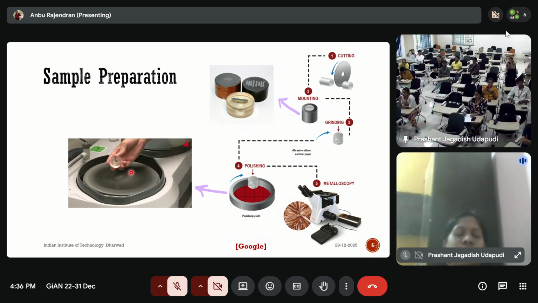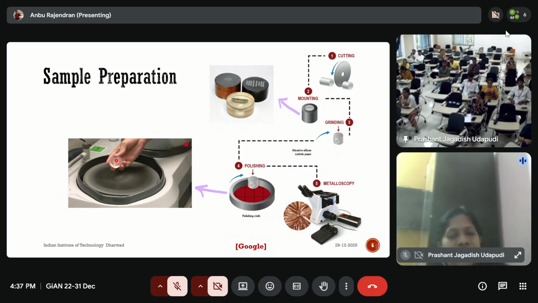What you have to do is change multiple papers from the coarser size to the finer size. By that you are reducing the scratches. Whatever scratches you introduced during polishing will be fined down. Finally you should come up with a mirror image. Why is it required?